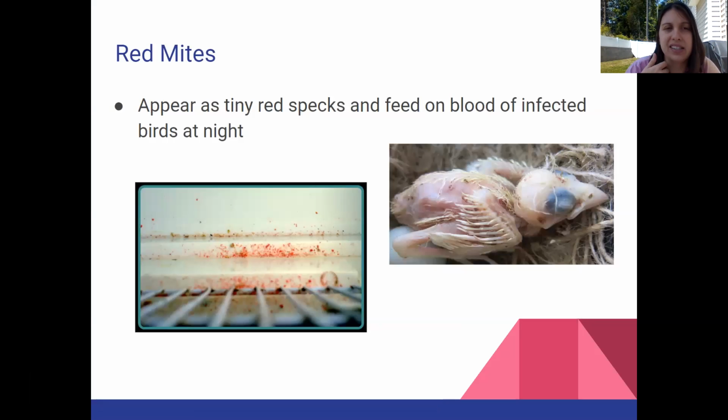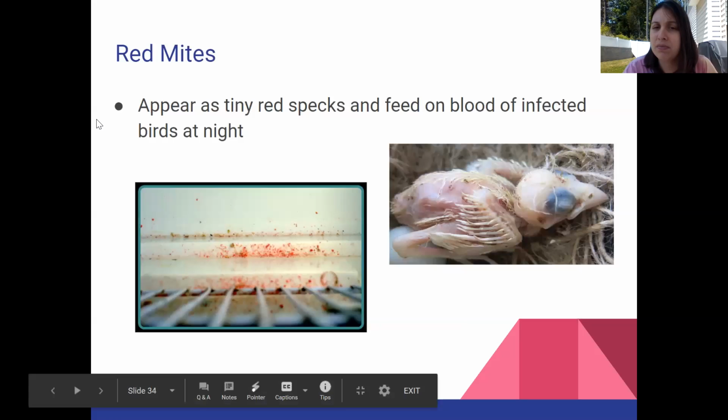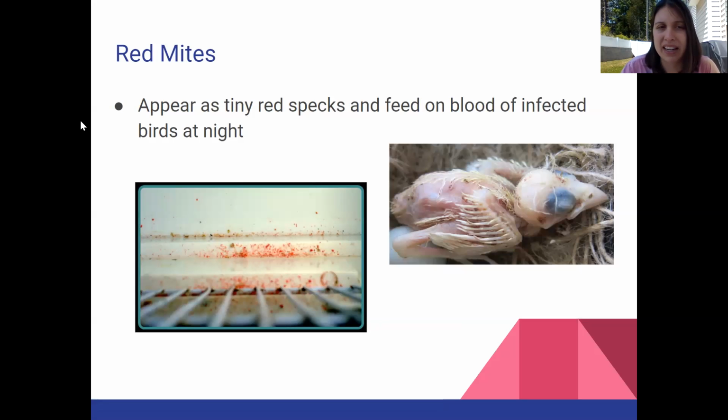External parasites, you don't really see the really common parasites like fleas and ticks on birds. More commonly than not, you're going to end up seeing mites, if you end up seeing them, that is. Mites are so small that it normally takes a large infestation for you to see that something's wrong.